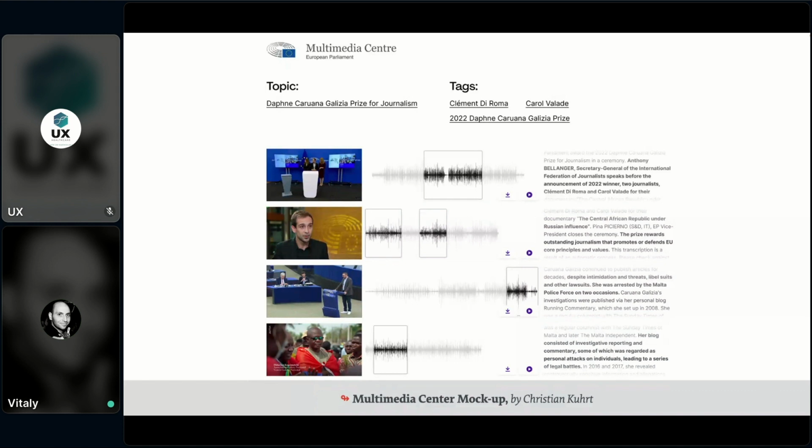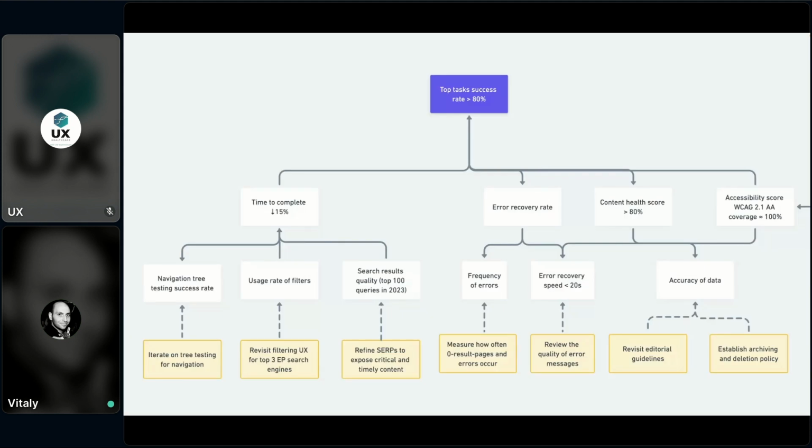And ultimately, I go ahead and define things like this. Design KPIs, where you see the design initiatives we have at the bottom: establish a culling and deletion policy, revisit the tutorial guidelines, review the quality of error messages, revisit filtering gaps, iterate on tree testing for navigation, and so on. And then we need to measure it.